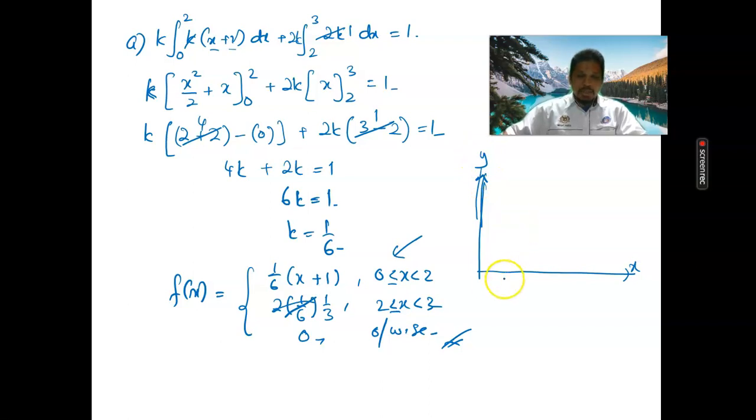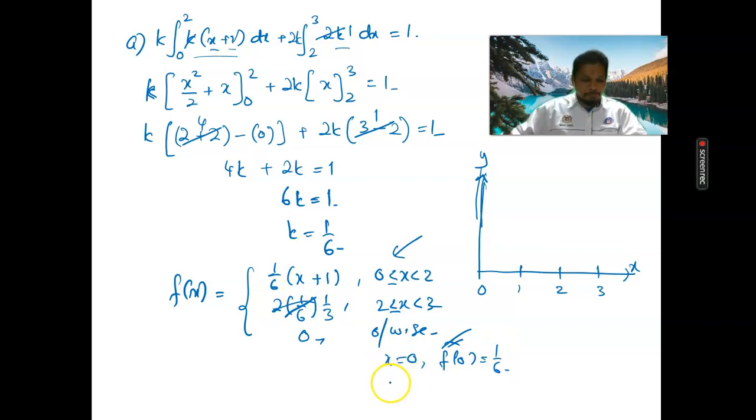Okay, so we have 0, 1, 2, and 3. The first one is from 0 until 2 and then 2 up to 3. So both of these are linear. So the first one, let's say when x equal to 0, 0 plus 1 equal to 1 times 1 over 6, then f(0) is 1 over 6.